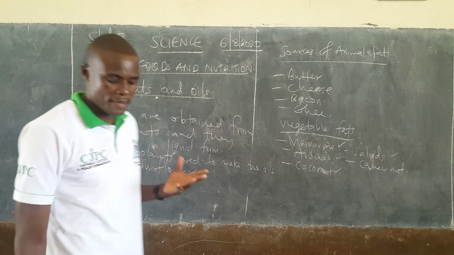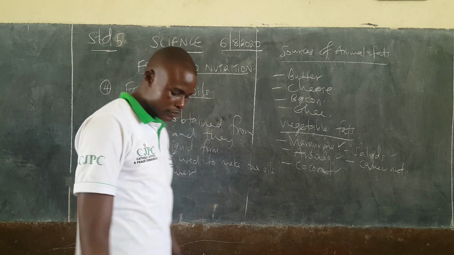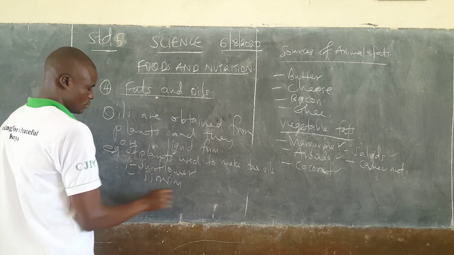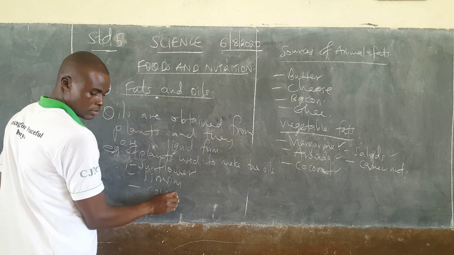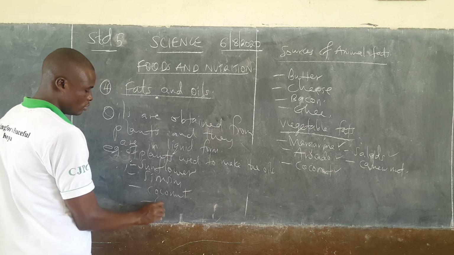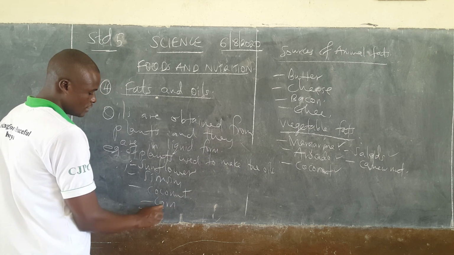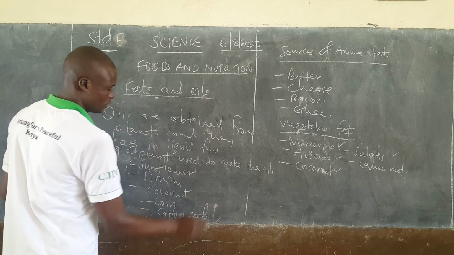That is a main example of plants used to make the oils. We have simsim. We also have coconut. We have corn. And lastly, we have cotton seeds.